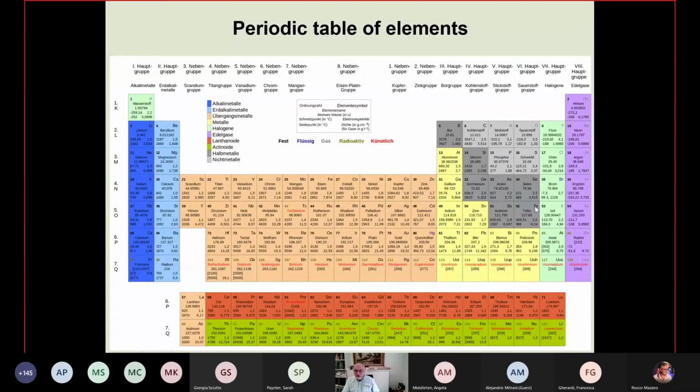We have some 110 elements on Earth to play around with for provenance studies in principle, but not all of them are routinely analyzed. Usually about a dozen or so, maximum 20, are analyzed in metal objects and tried to be related to the original geological source.